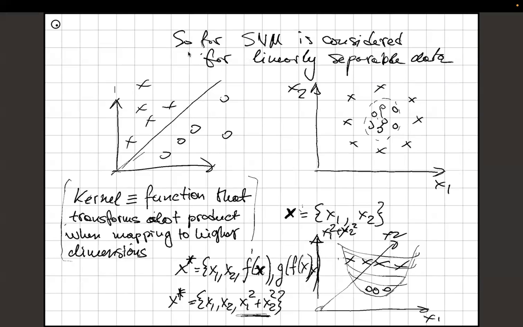SVM was introduced back in the 90s, when computational power was like none compared to today's, and solving large optimization problems was a big problem. Now it's less critical from the computing power perspective, but still it's one of the main bottlenecks of SVM.